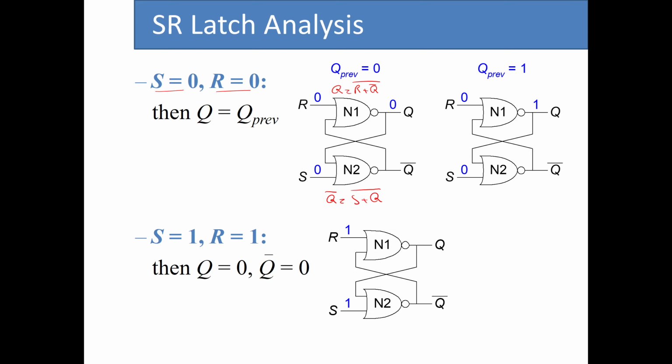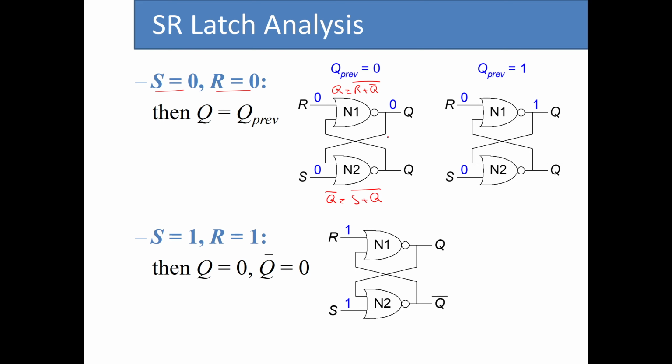So now, using the truth table from before, can we say anything about the output of any of these two NOR gates with certainty? Because we said that if one of the inputs, either S or R, is 1, the output for that NOR gate is going to be 0. That was actually the case for the previous two combinations.